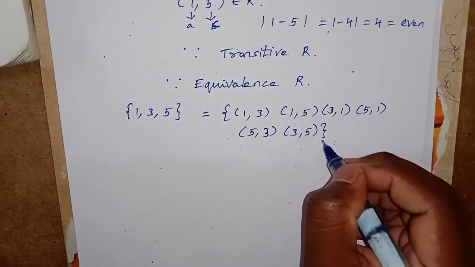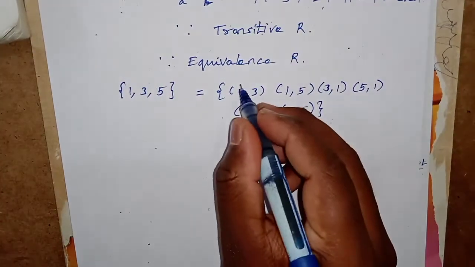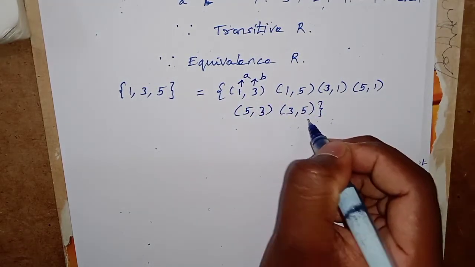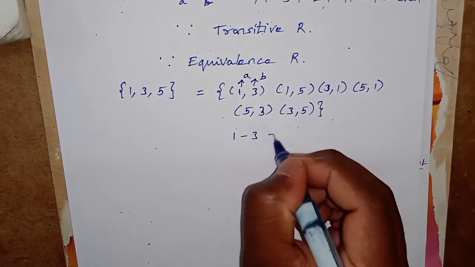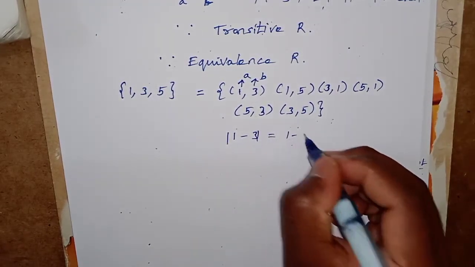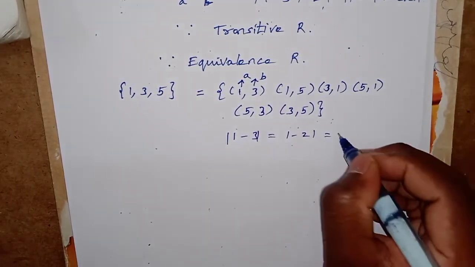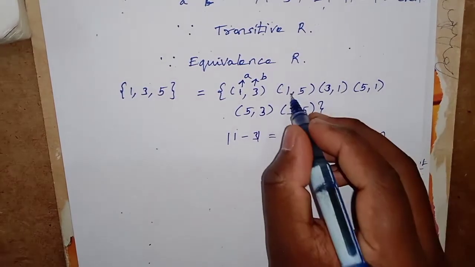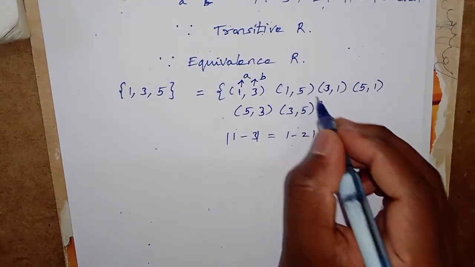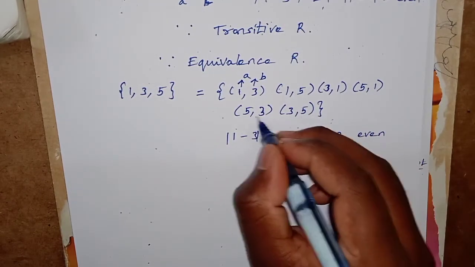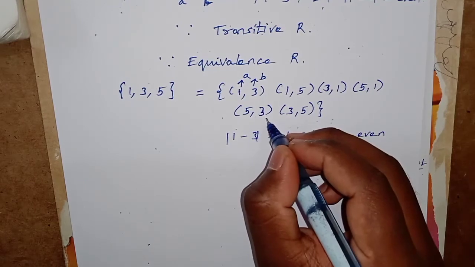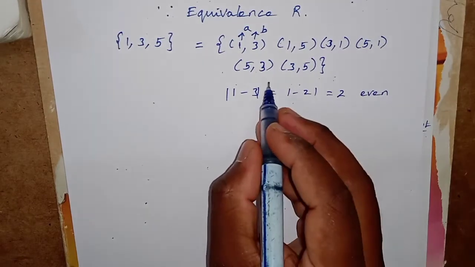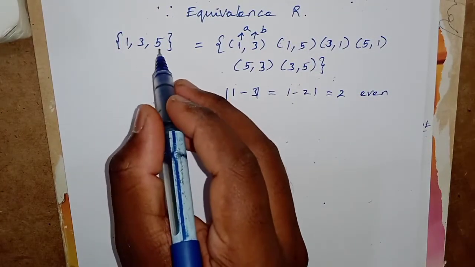It is an ordered pair. Here if you take (A, B) for every element, it is satisfying because 1 minus 3 equal to minus 2 and taking modulus equal to plus 2. Here it is an even number. Therefore here it is satisfying every term. 4 is an even number. Here 5 minus 3 equal to 2, 2 is an even number. It is satisfying every term. Therefore here they are related to each other.